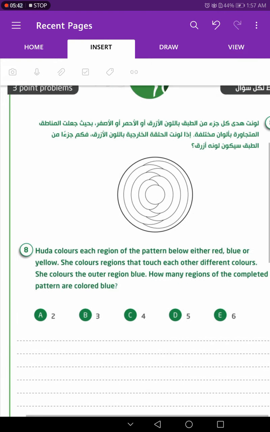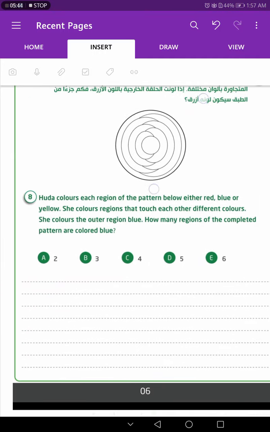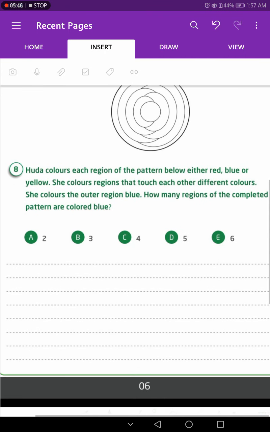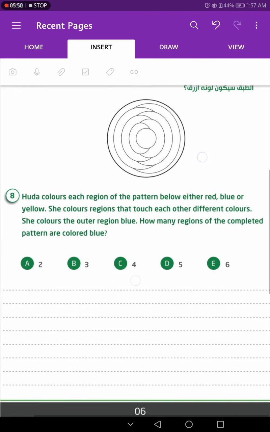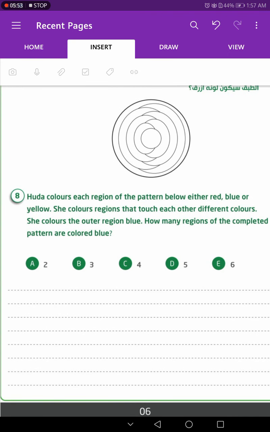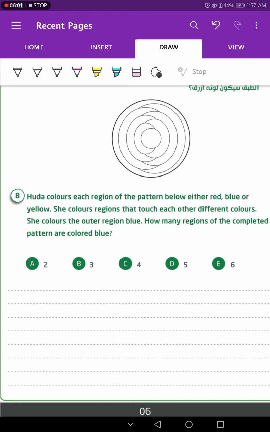Here. Now, Huda colors each region of the pattern below either red, blue, or yellow. She colors regions that touch each other in different colors. So the main point here is different colors.